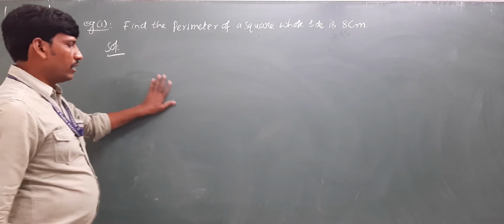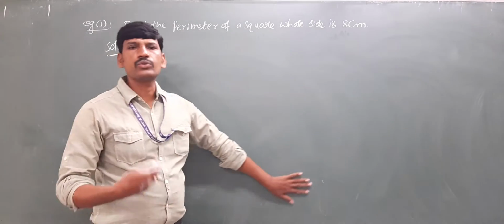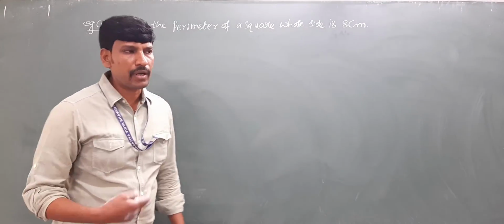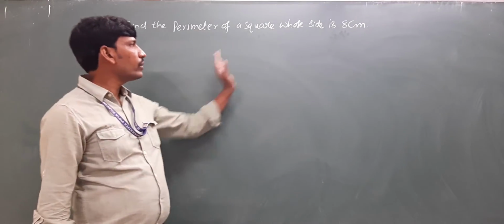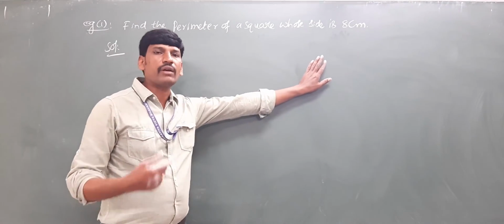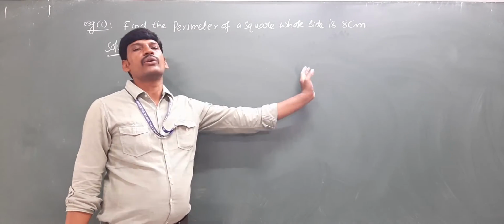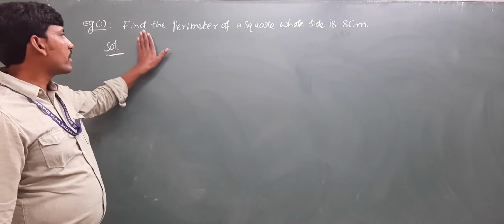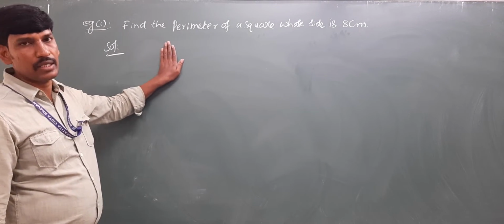Right children, now we discussed 2 formulas based on regular shapes: a square, with perimeter 4 into its side, and an equilateral triangle, with perimeter 3 into its side.